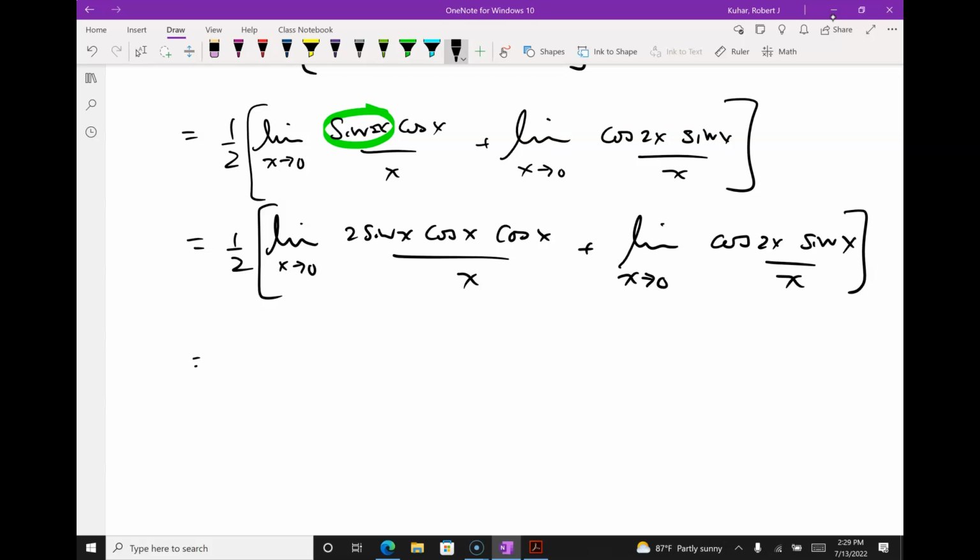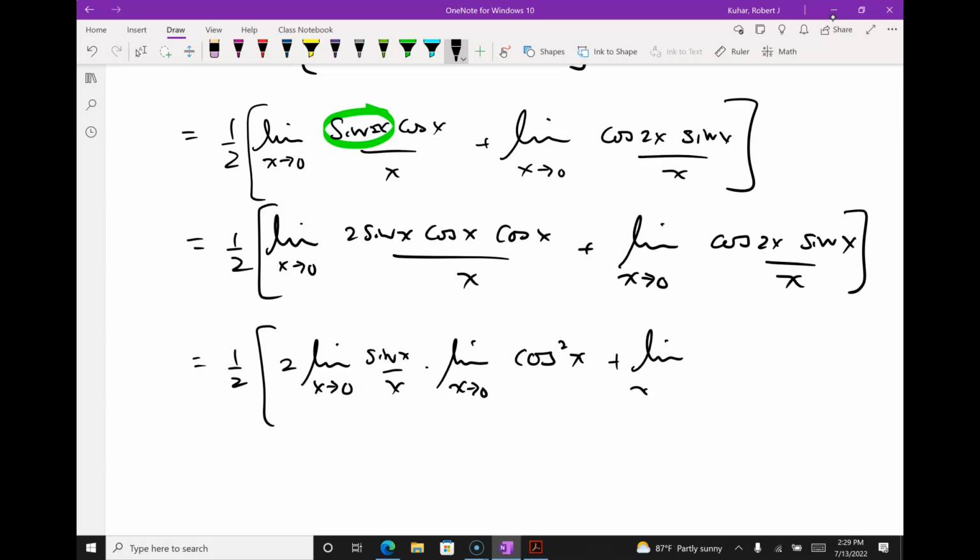I'm going to split each of these limits into a couple of pieces. I'm going to do 2 times the limit as x goes to 0 of sine x over x times the limit as x goes to 0 of cos squared x, cos times cos, plus the limit as x goes to 0 of cos of 2x times the limit as x goes to 0 of sine x over x.